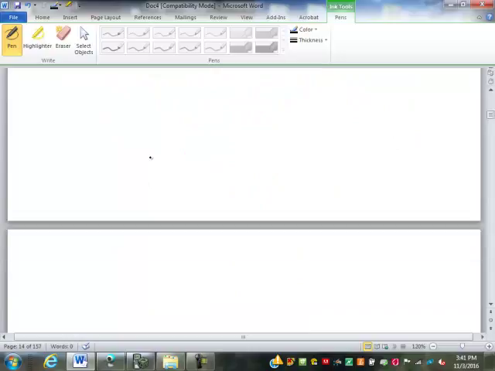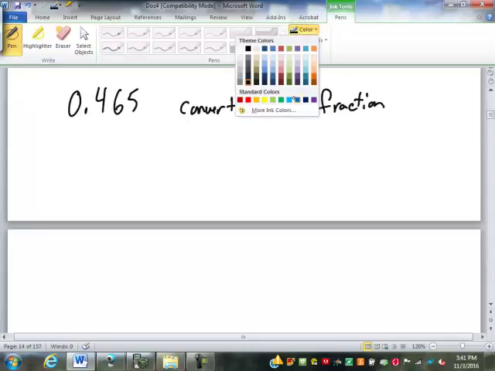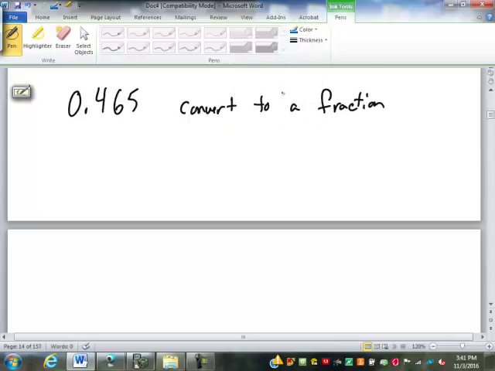Okay, when we left off last time, we had talked about decimals and converting. We had 0.465, and we wanted to convert it to a fraction. Well, to convert that into an exact fraction, I'm just going to rewrite it in its fractional form.